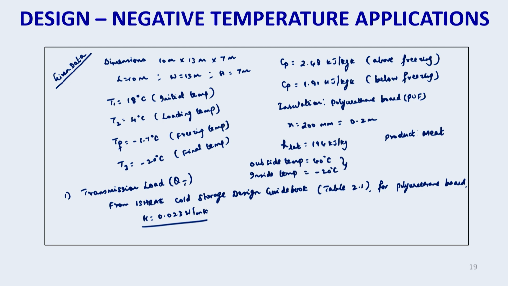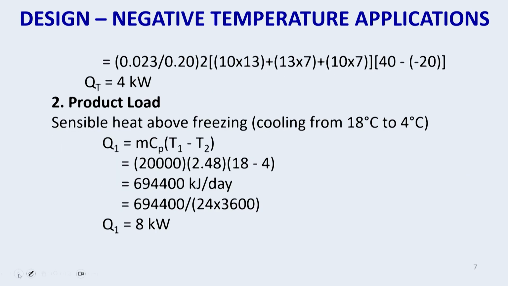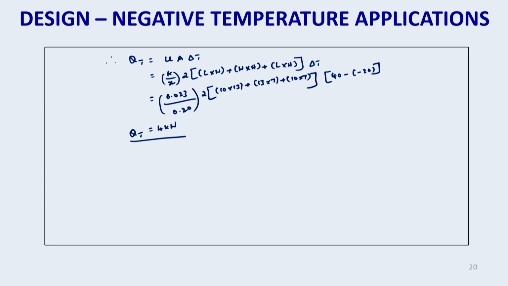So this is delta T: 40 minus of -20. When we calculate, we get the transmission load as 4 kilowatt. Next, let us calculate the product load.